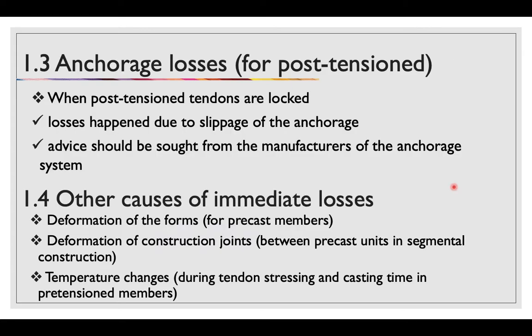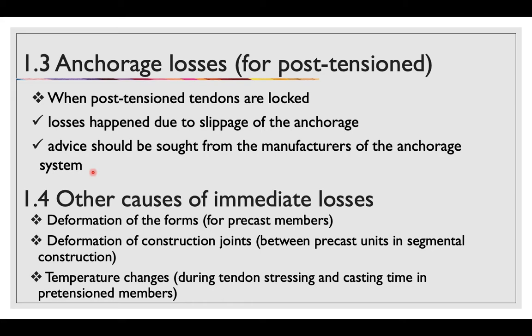Usually this lubrication involves greasing of the surface and so on. Then the third one is the anchorage losses. This is also for the post-tension method. When post-tension tendons are locked, they are subject to these anchorage losses. These losses happen due to slippage of the anchorage, and advice should be sought from the manufacturers of the anchorage system.